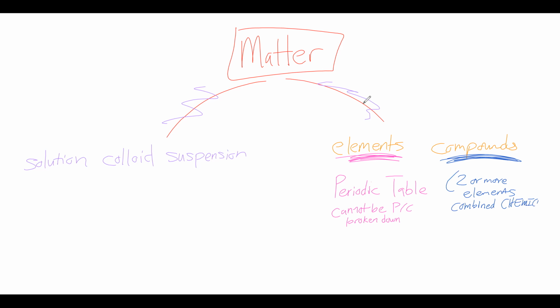Usually when we talk about something being combined chemically, there's some type of force of nature or something with electricity or something with fire, okay? So a compound again is at least two elements combined chemically. So they get put together chemically, okay?